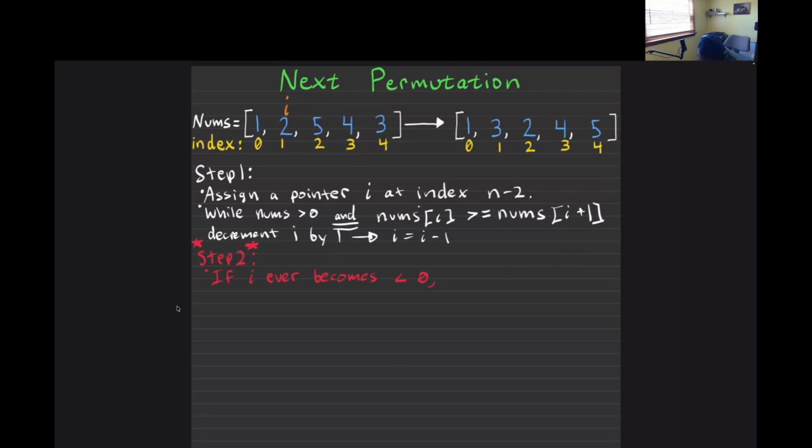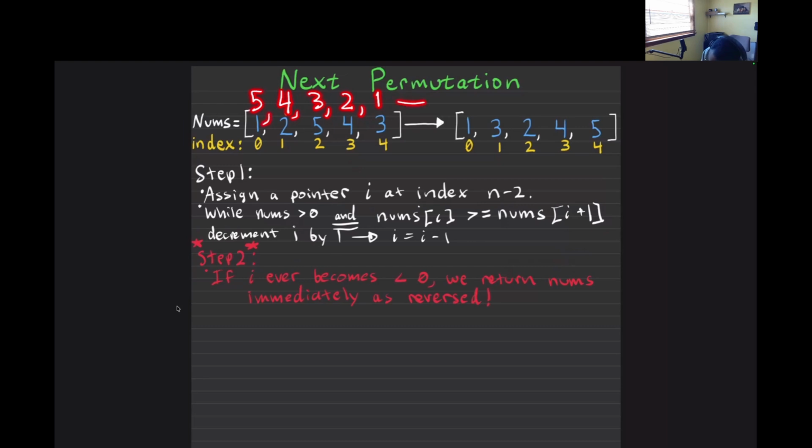That means that we return nums immediately, reversed. Why is that? Because of the edge case I mentioned earlier: imagine if the numbers were sorted in decreasing order. So we had 5, 4, 3, 2, 1.